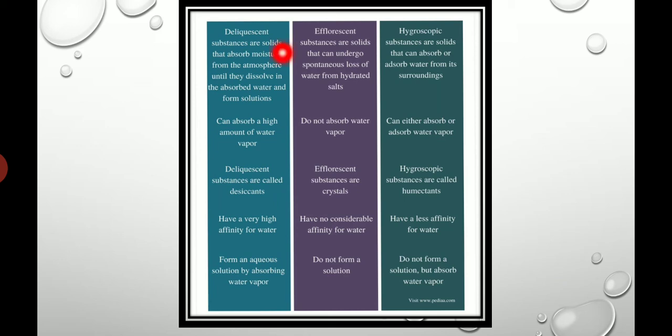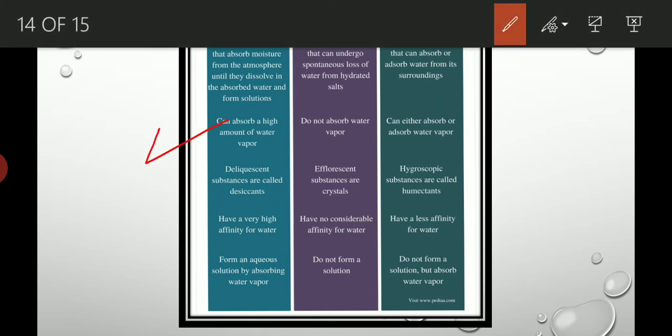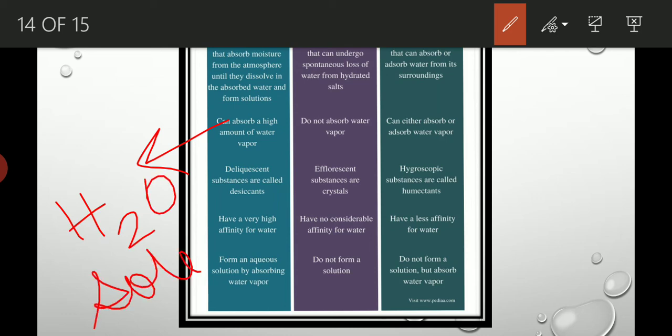So, deliquescent substances are solids that absorb moisture from the atmosphere and dissolve into that moisture and get changed into liquid. That means deliquescent salts are water soluble. Clear? So they can absorb a high amount of water vapor.